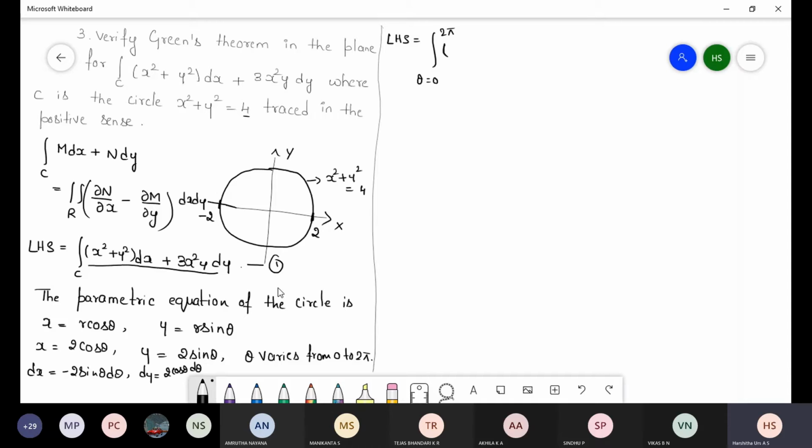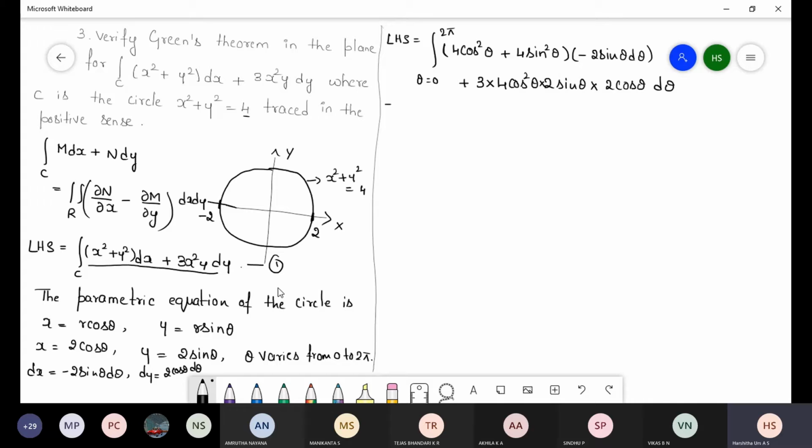So x is 2 cos theta, x square means 4 cos square theta, plus y square means 4 sin square theta, times dx, which is minus 2 sin theta d theta, plus 3 into x square, which is 4 cos square theta, into y, which is 2 sin theta, and dy which is 2 cos theta d theta.